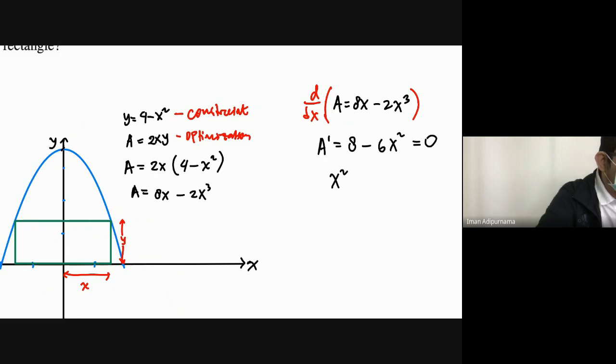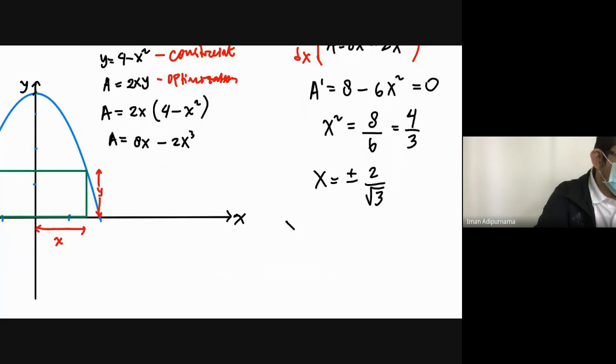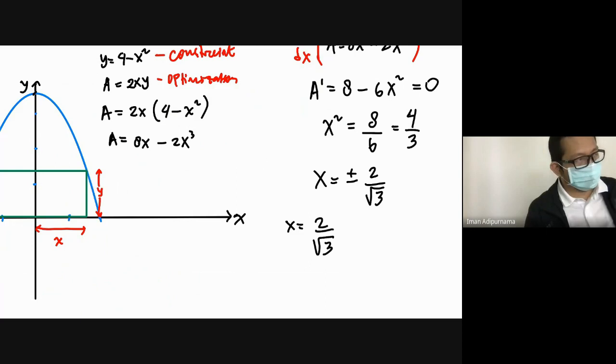So x squared will be 8 over 6, or this is 4 over 3, or x will be plus or minus. Okay, since x is positive, we are just going to have 2 over square root of 3. Okay, that will be the x.